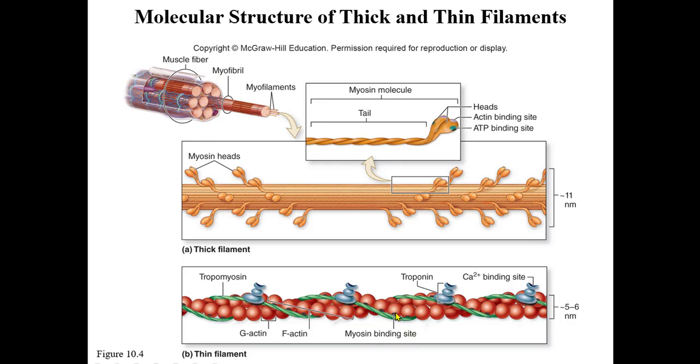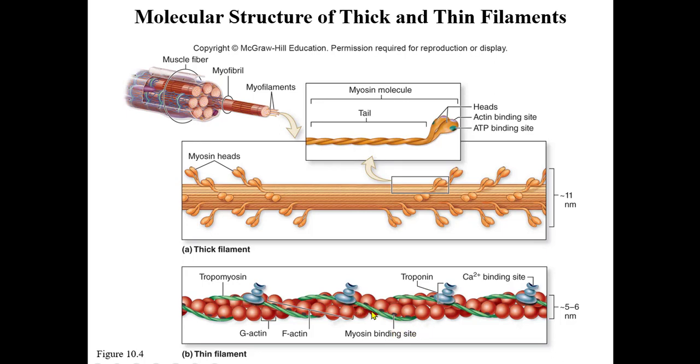So what's going to happen is this golf club looking thing, these myosin heads, with the presence of ATP, are going to be able to stick to these black dot areas, but not at the moment. Why? Because at the moment, this tropomyosin belt is blocking this binding site.